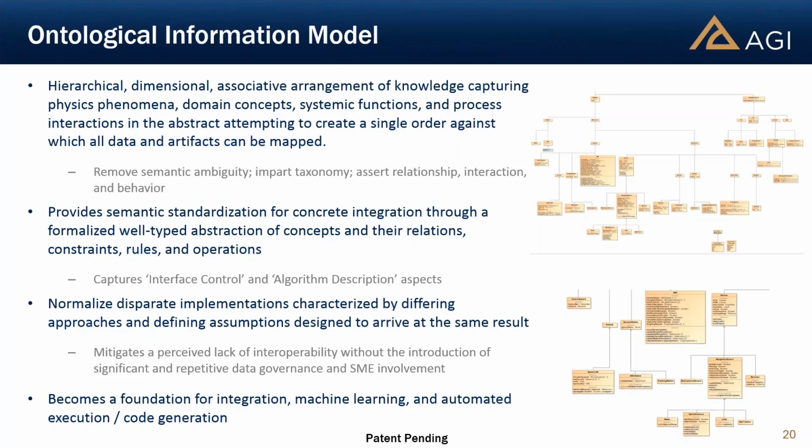But again, instead of just describing my problem statement, I'm describing things at a more abstract level as well, because the next time I want to ask a similar type of question, I want to have an environment available where I can go ask those questions without bringing SMEs in the room again, without doing computer science implementation all over again. So this also becomes, think of it as a standardized semantic standardization for integration.